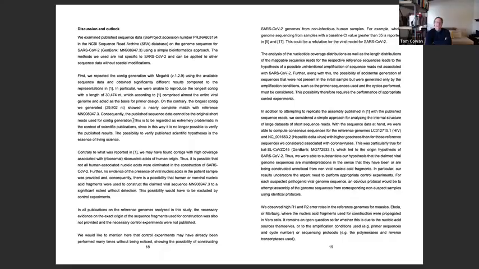And then he says in the next paragraph, contrary to what was reported in the paper, we found contigs with high coverage associated with human origin of RNA. Thus, it is possible that not all human-associated nucleic acids were eliminated in the construction of SARS-CoV-2. Further, no evidence in the presence of viral nucleic acids in the patient sample was provided, and consequently, there is a possibility that human or non-viral nucleic acid fragments were used to construct the claimed viral sequence to a significant extent without detection.